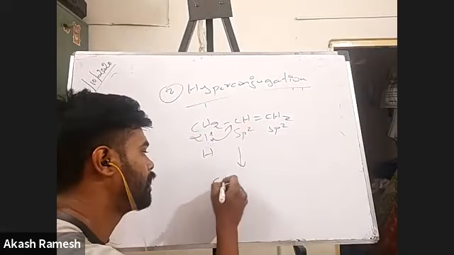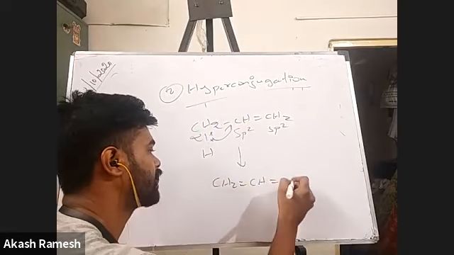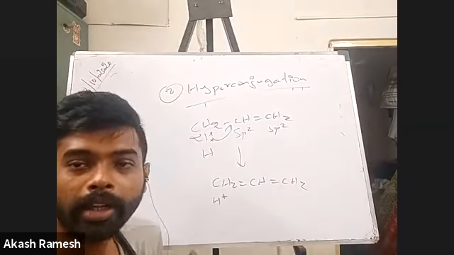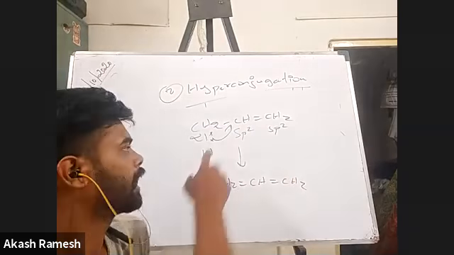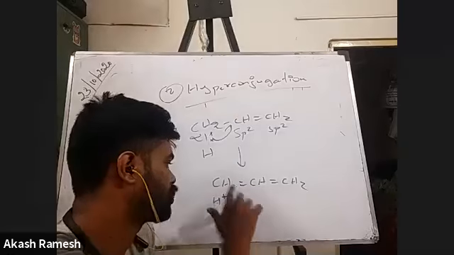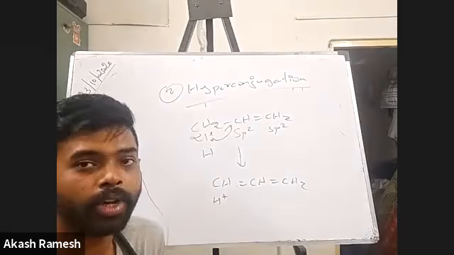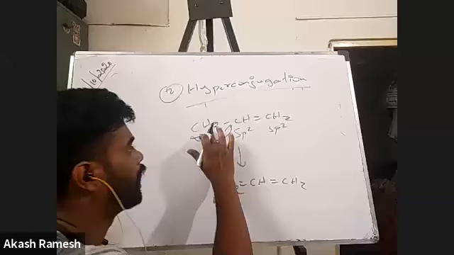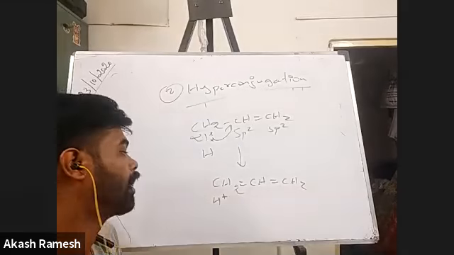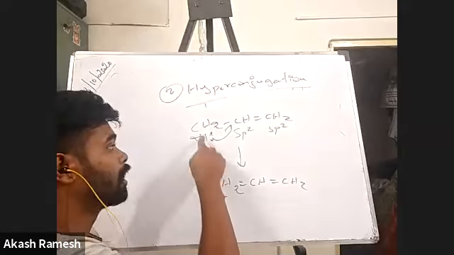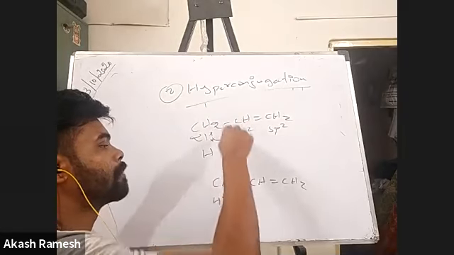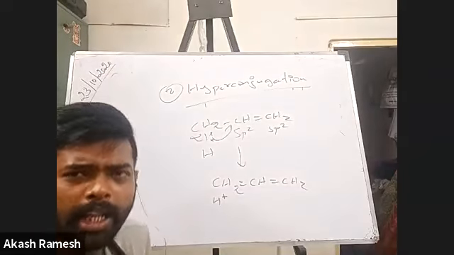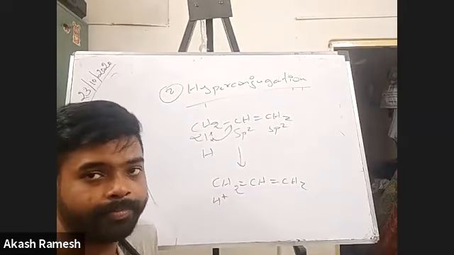So I'm going to write CH2=CH-CH2 and H plus. I had three hydrogen atoms, out of which one is involved in hyperconjugation. The two electrons which are here will go here and make a bond. There's a double bond here, and there's an H plus. So hyperconjugation is possible even in the case of alkenes.